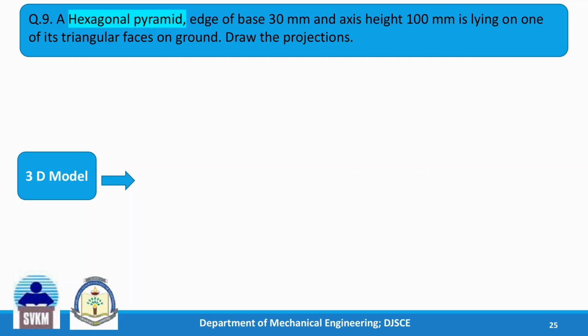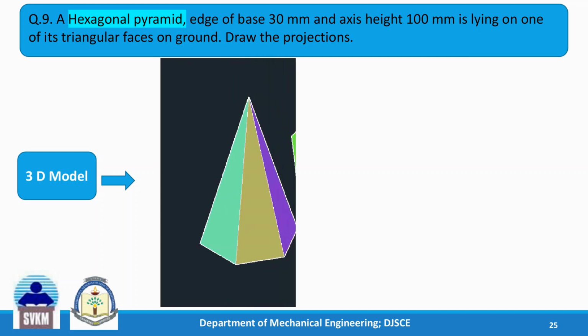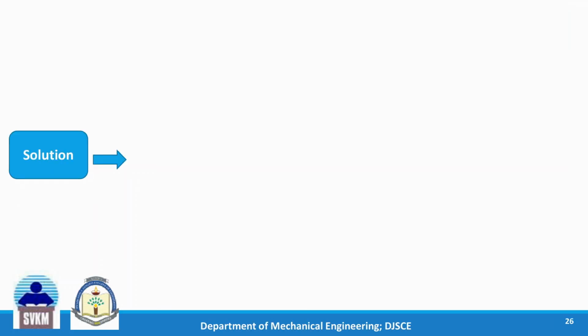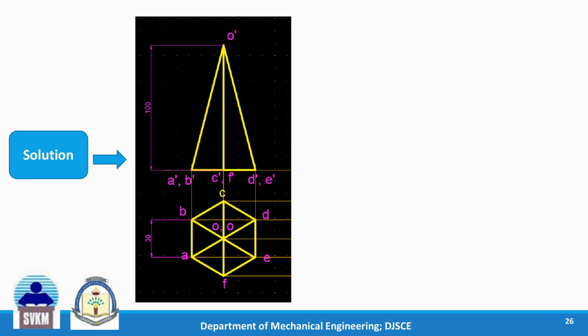So try to imagine the positions. So this is the first step. It is simply kept, the pyramid is kept on its base on HP so that the axis is perpendicular to HP. This is the first position, and correspondingly the solution for the first position is this one.